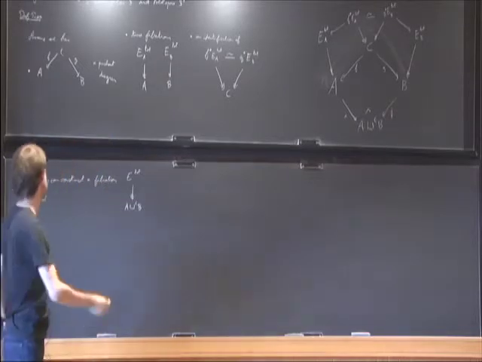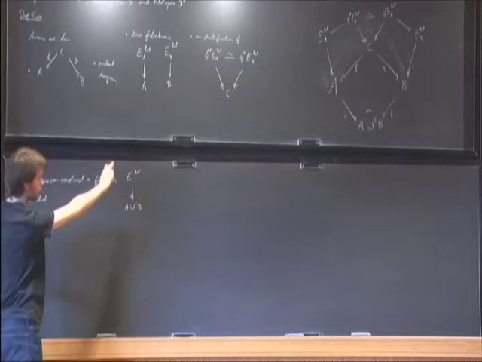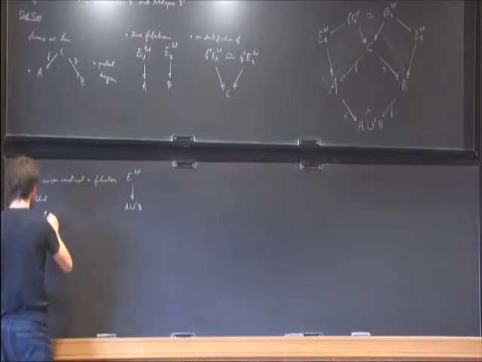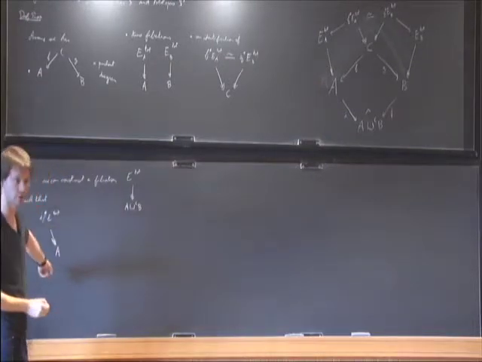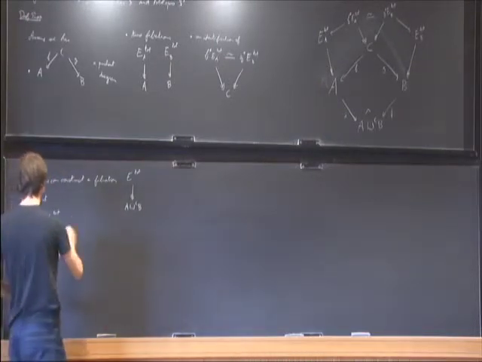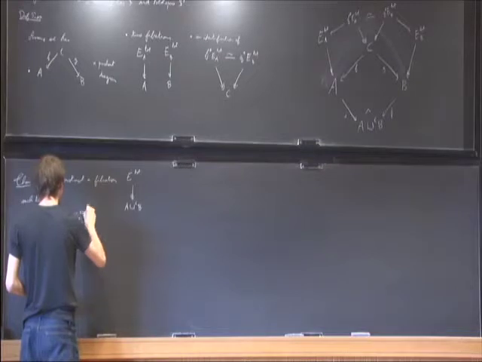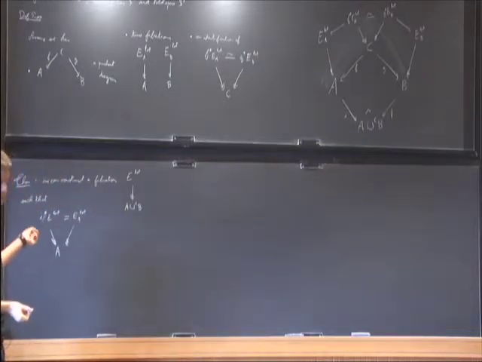I have to say that it will respect the data I have. So when you pull this fibration back along I, what you get is a fibration over A. And the condition is that this fibration is equal to the fibration EA we started with.